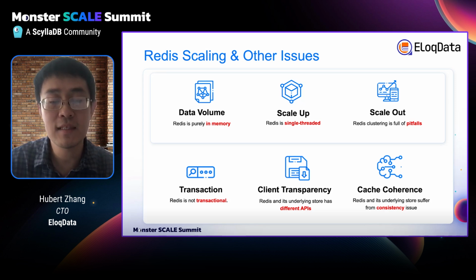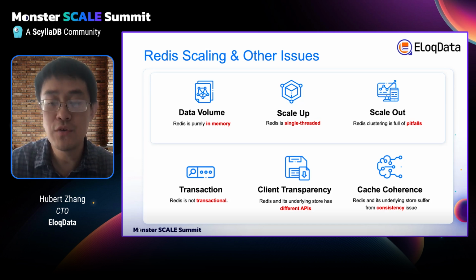Redis and Redis Cluster use different clients, so users have to modify their code when switching from single-node Redis to cluster mode. Moreover, Redis and its underlying store use different APIs. Applications have to do double writes. Double writes can further lead to cache coherence issues.